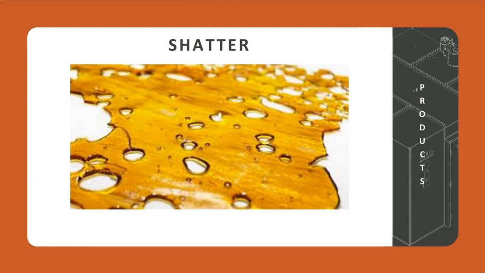Modifying your gas blend can also help, so using a little more butane over propane to increase the cannabinoid content versus the terpene content. There's a couple different ways you can approach improving the consistency of your shatter. And it comes down to each specific process, especially the starting plant material that you're using.